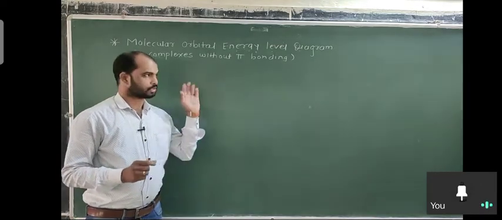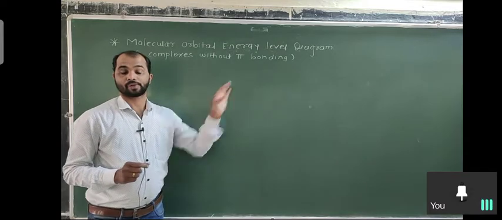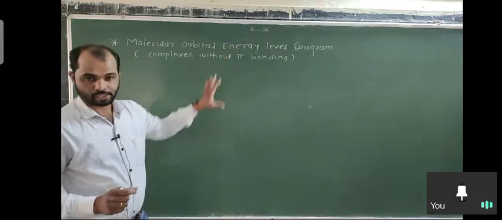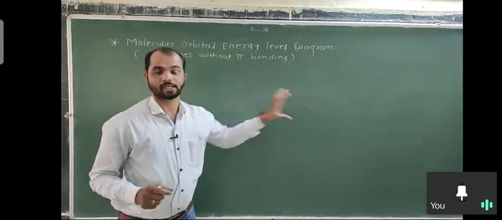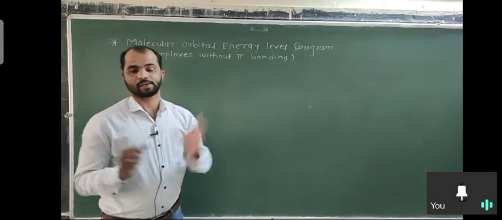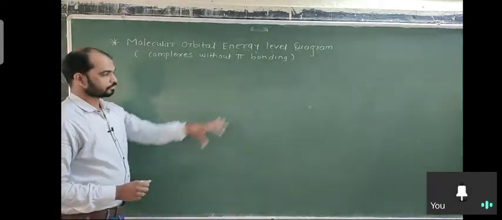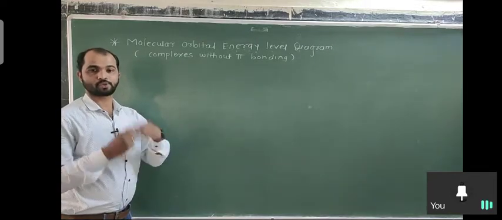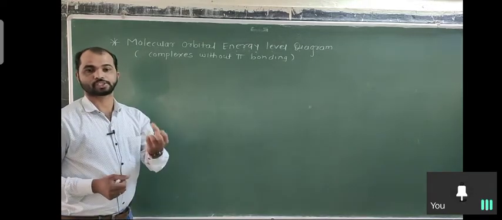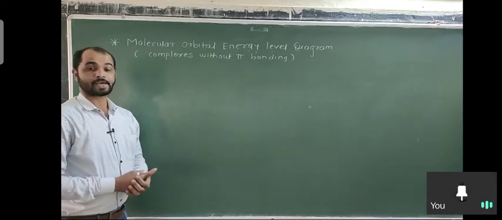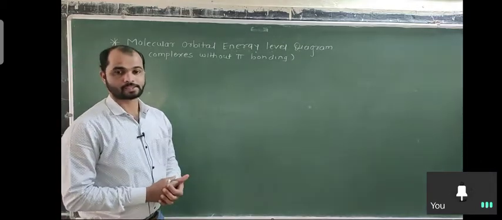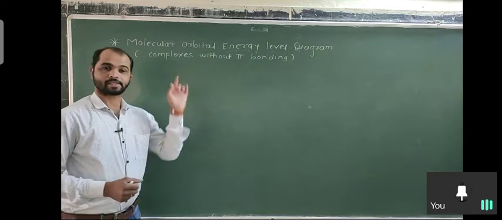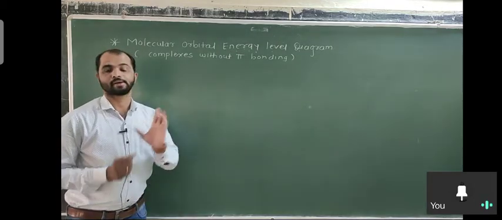Perfect overlapping happens when both the metal orbitals and ligand orbitals have the same symmetry. So the ligand orbitals make a new set of composite orbitals, and that composite orbital has the same symmetry as the orbitals present in the metal.